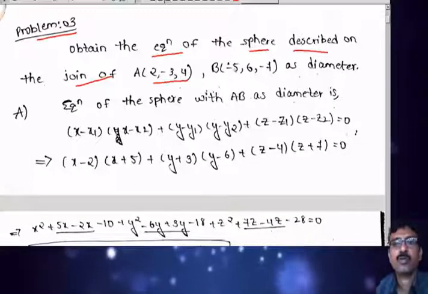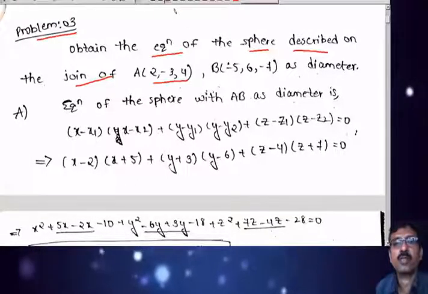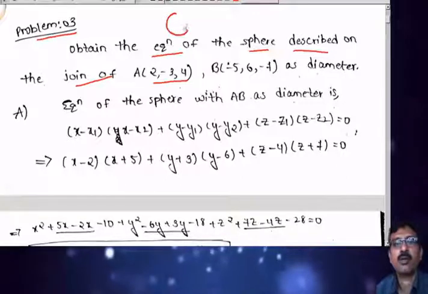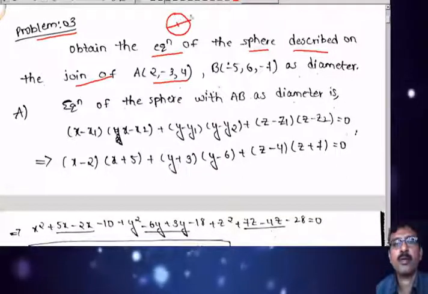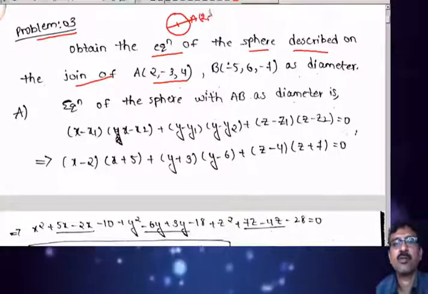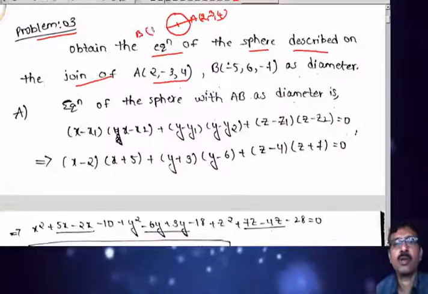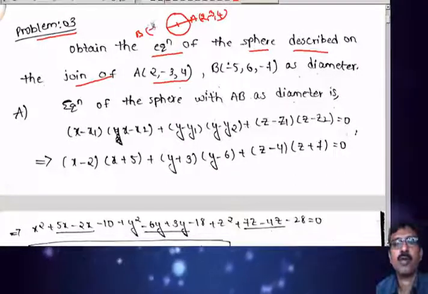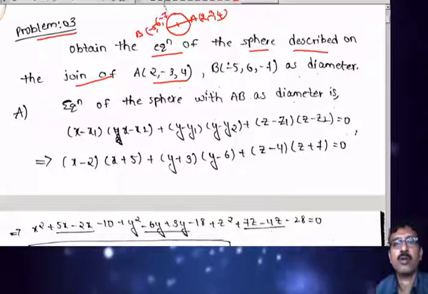So their question is, here is a sphere having a diameter, so one end is 2, minus 3, 4 and the other end is minus 5, 6 and minus 7.